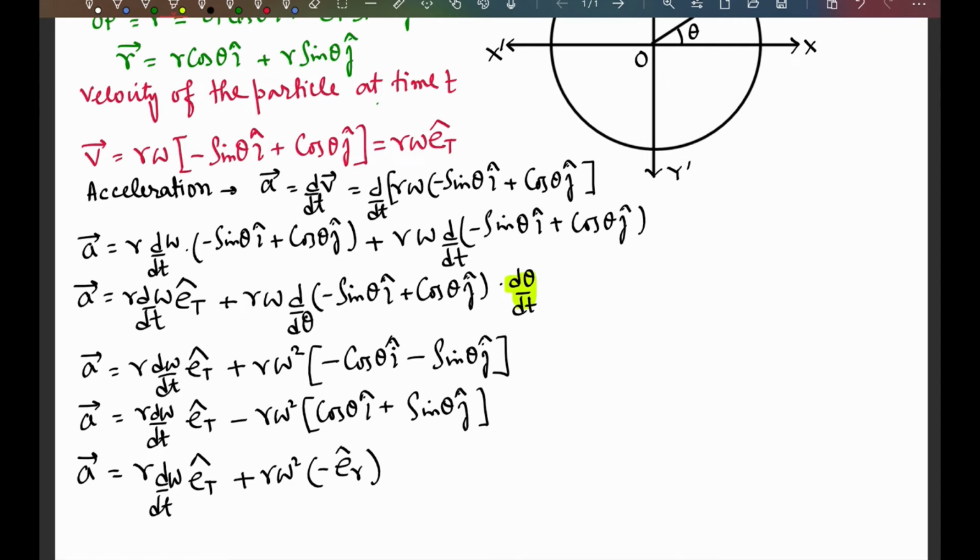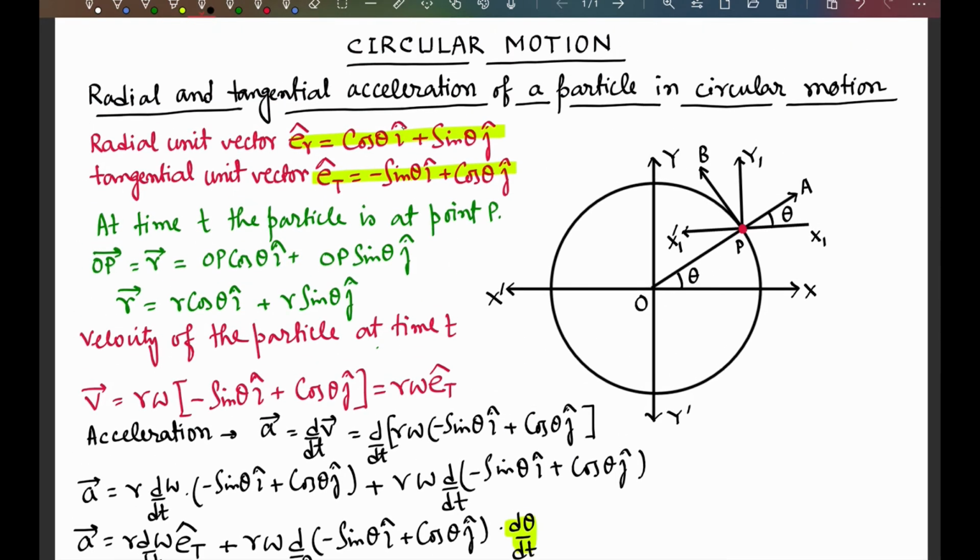Therefore, the acceleration has two components. One is the tangential component, that is a_t into e_t cap. Another is the radial component, that is a_r into minus of e_r cap. So from the diagram we can say that whenever the particle is moving in a circular path, there are two components of acceleration.